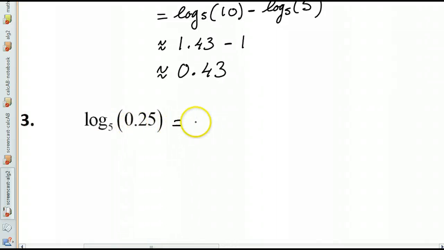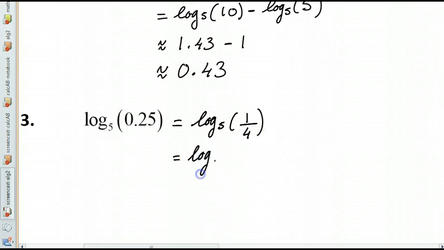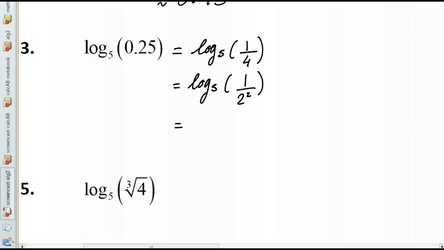Log of 0.25, well, for me, 0.25 is just the same as 1/4, right? Now I don't have a 4, right, but that's okay, because 1/4 I can use 2 to construct it. 4 is 2 squared, and now I'm gonna rewrite that as an exponential.